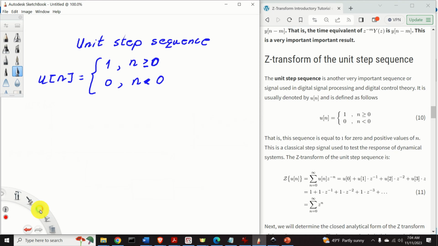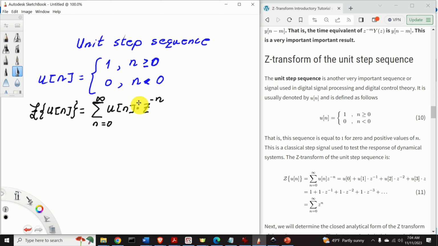Next, let's learn how to compute the z transform of the unit step sequence. Let's apply the definition. Calligraphic Z of u of n is equal to, let's see, the sum when n goes from 0 to infinity, u of n multiplying z to the power minus n.